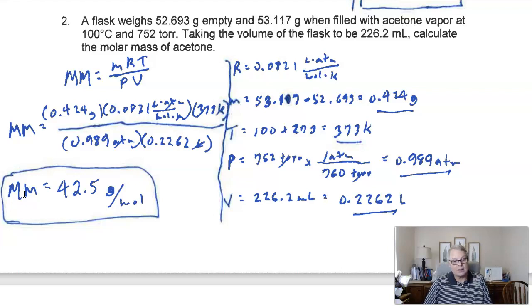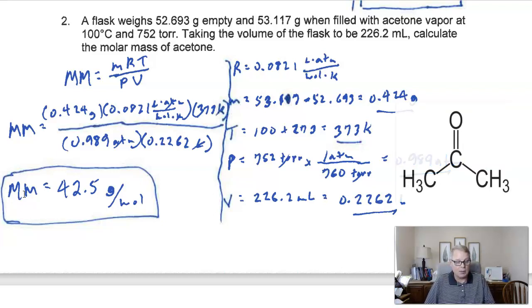So you could figure out the simplest formula using the methods that we talked about before, and then you could figure out the molar mass using this, and you could put those together and actually get the true formula. All right. The formula for acetone is actually CH3C double bond O and then a CH3. Add all that up and you'll probably get something pretty close to 42.5 grams per mole. And that's what it is.